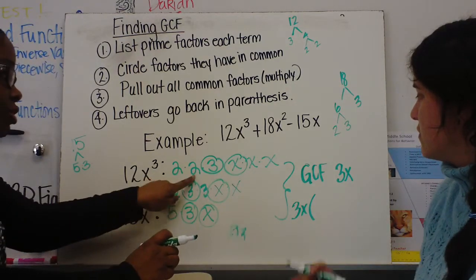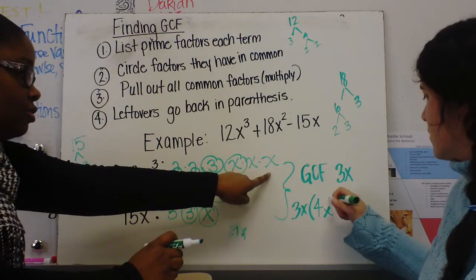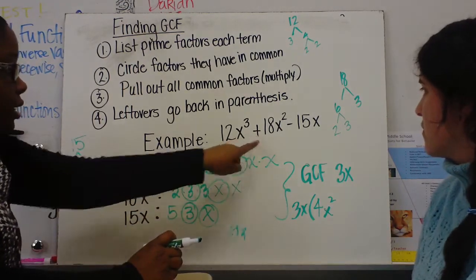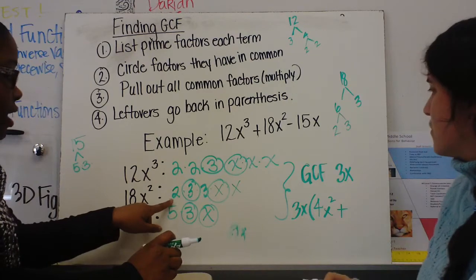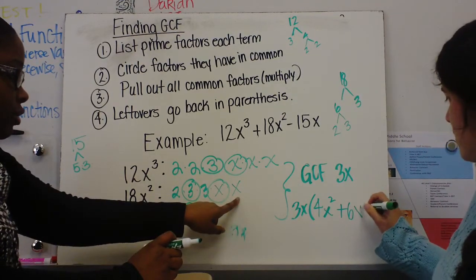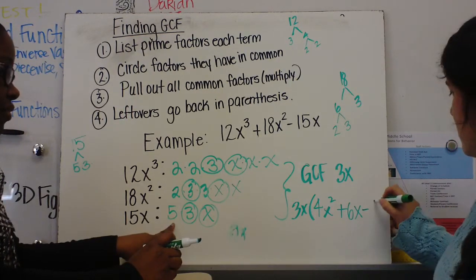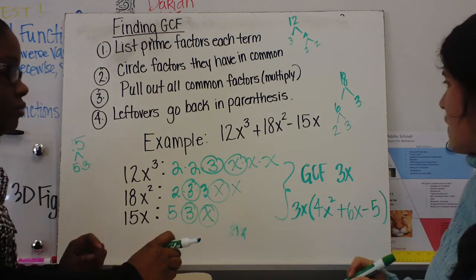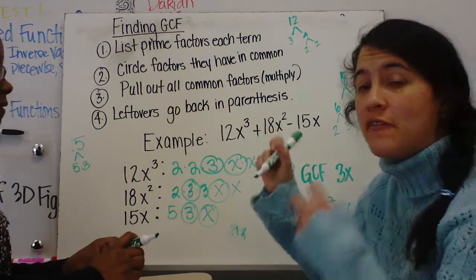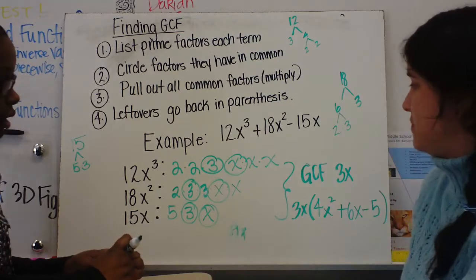So what's 2 times 2 and x times x leaves you, plus, you have 2 times 3 and x left over, and minus, we only have 5 left over. So that is step 4. All your leftovers, see these were not circled, go back in parentheses.